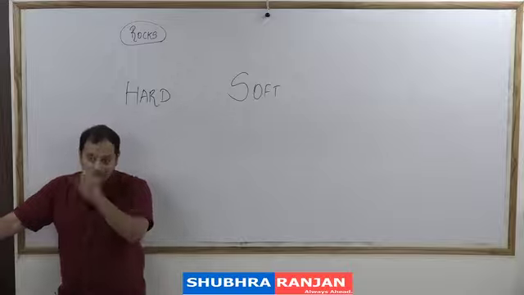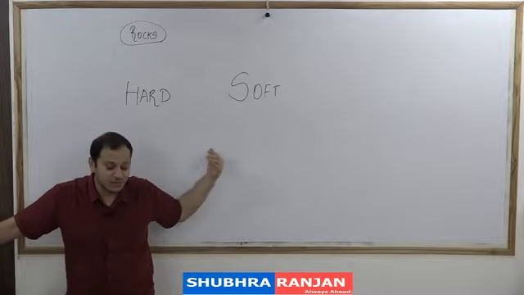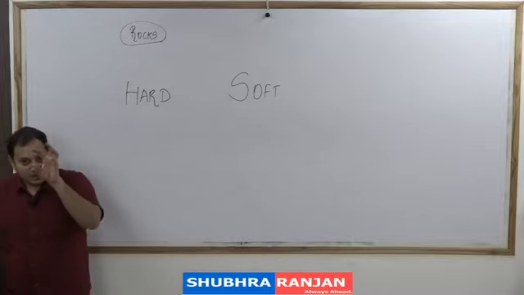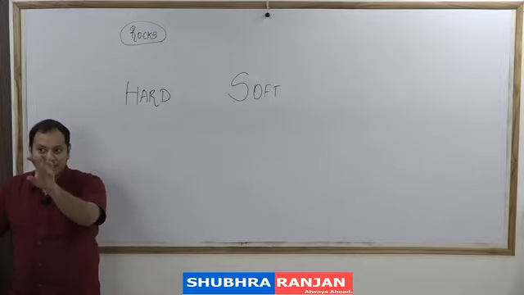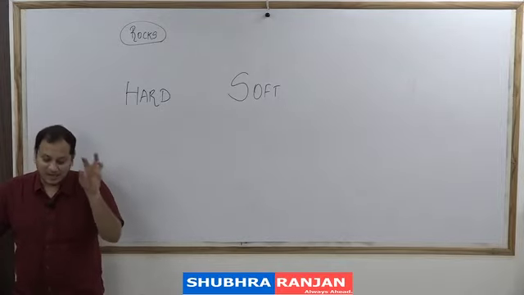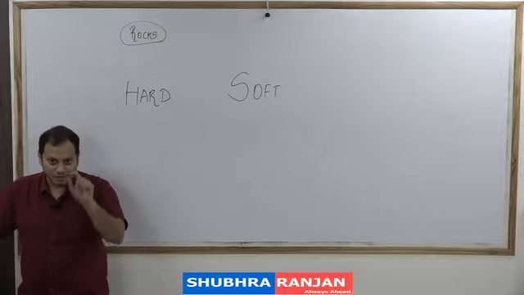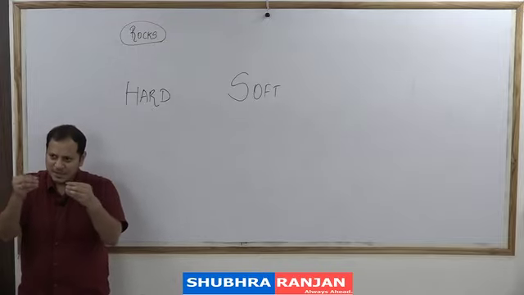But still remember, because the coming chapters are based on this. Hard rock is generally igneous rocks, and the metamorphic rocks are hard rocks, and in general sedimentary rocks are weak rocks, because they are made of sediment.